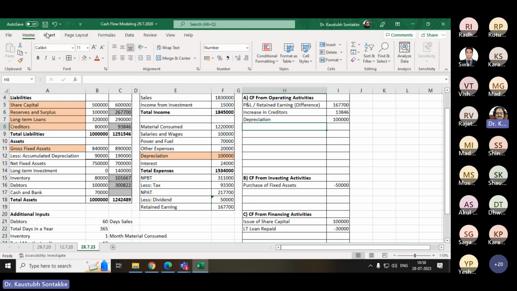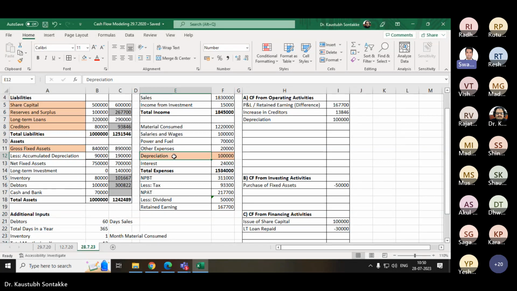Sir, how is the difference the same? You said that on the asset side we take first year minus second year. So 90,000 minus 1 lakh 90,000 gives minus 1 lakh, and in the profit and loss account depreciation is directly written as 1 lakh.